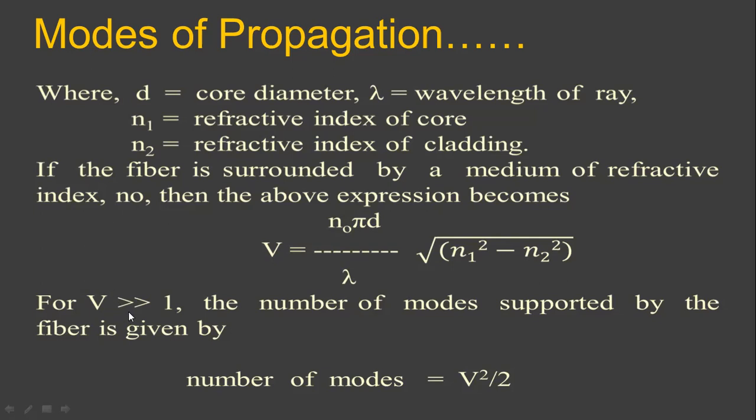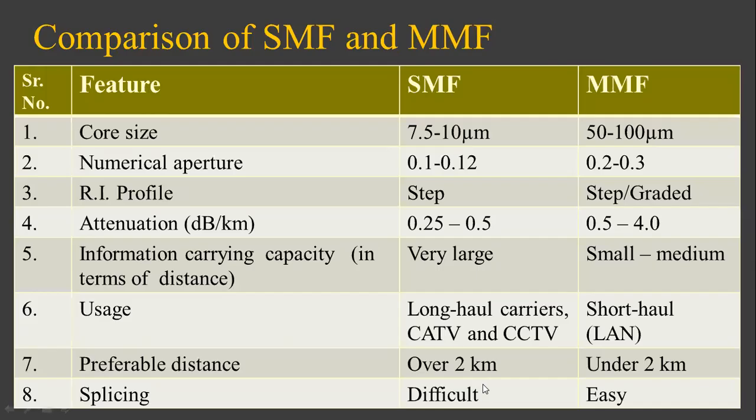So for the V number very much greater than 1, the number of modes supported by the fiber is given by the number of modes equal to V square by 2.